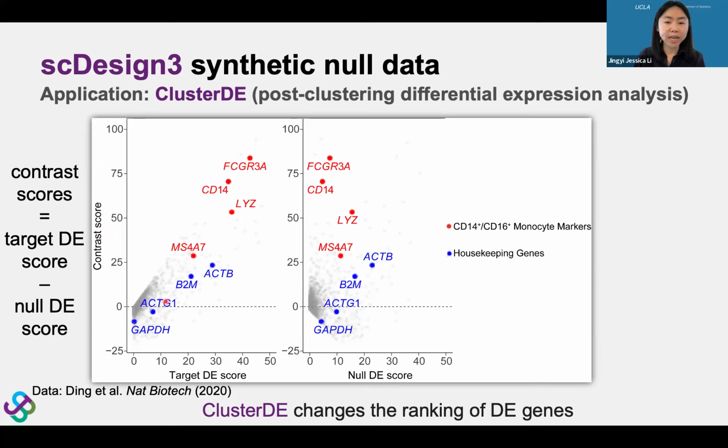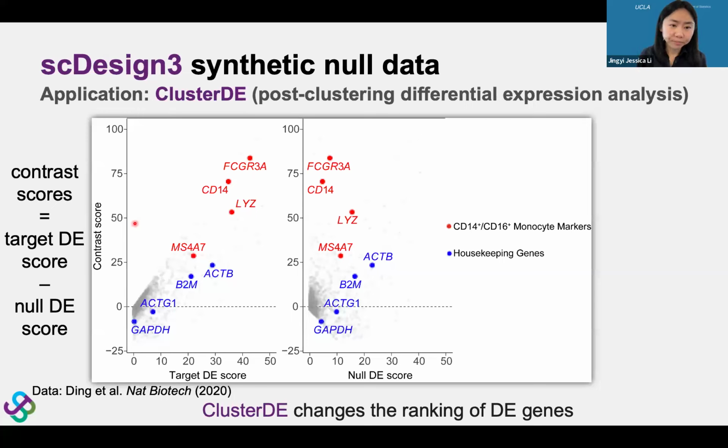What I want to show here is that we have a set of known marker genes between two subtypes that people know, and a set of housekeeping genes that are supposed to be highly expressed in every cell and cannot be cell type markers. For these two groups of genes, if we look at their target DE scores, from the real data analysis alone, they have some overlap. Some housekeeping genes may have very large DE scores, and they are not the discoveries we want.